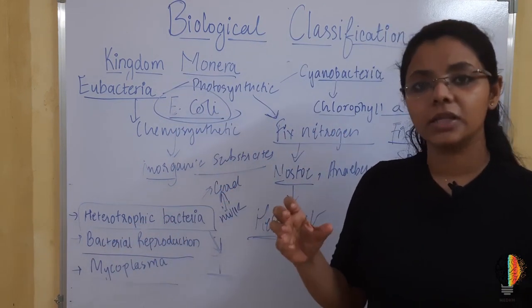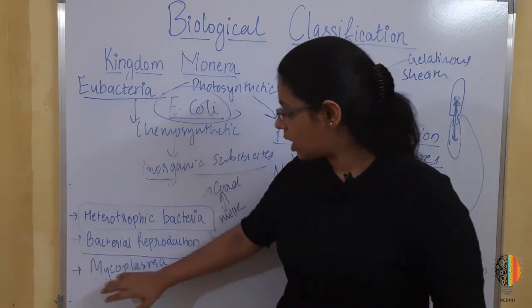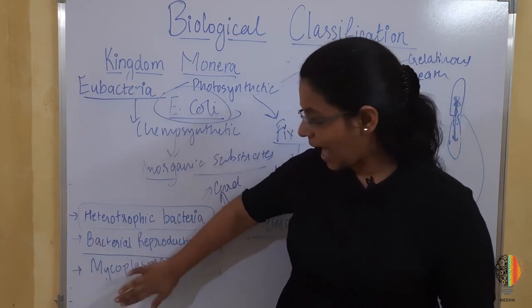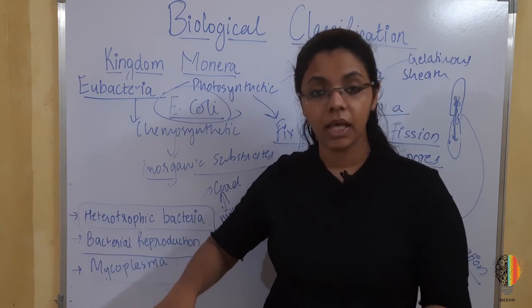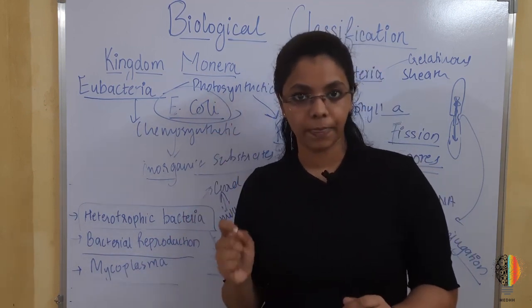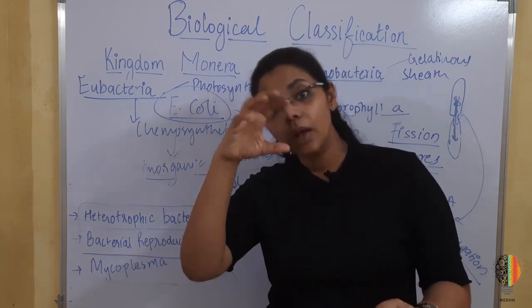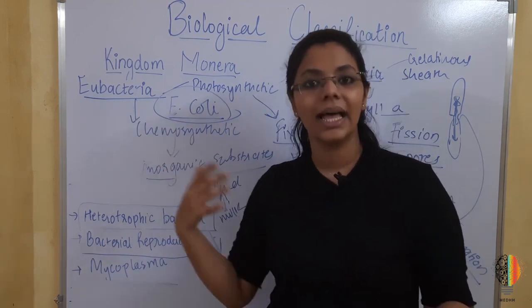Mycoplasma are the smallest microorganisms. They are included in kingdom Monera because they have characteristics similar to bacteria, but they are different at the same time. They are the smallest and they do not have a cell wall. We did discuss archaebacteria, where the cell wall is there but the composition is different, and even some of the eubacteria have a cell wall.